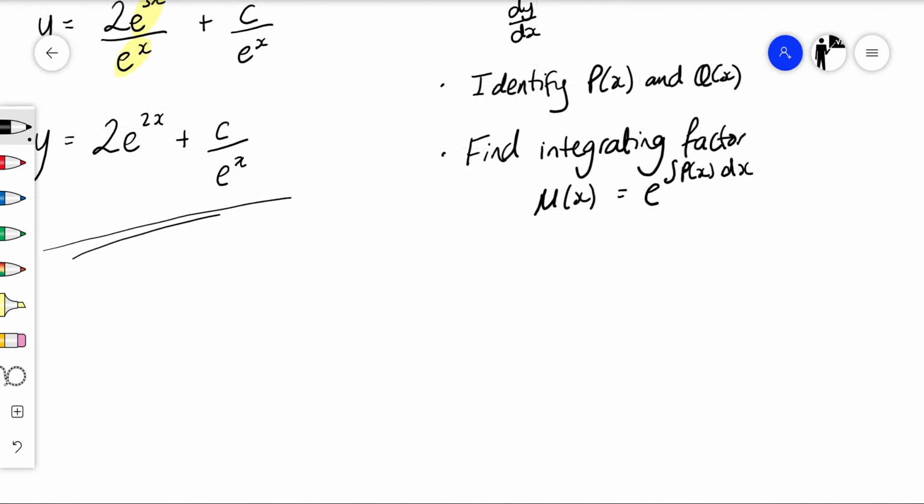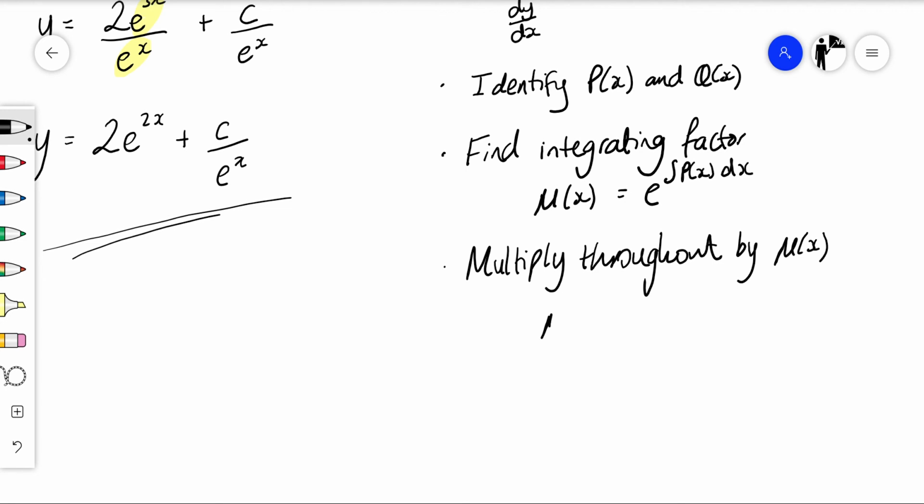Once we've found the integrating factor, we multiply throughout by that integrating factor, and it will always go to the form mu of x times y is equal to the integral of this here.